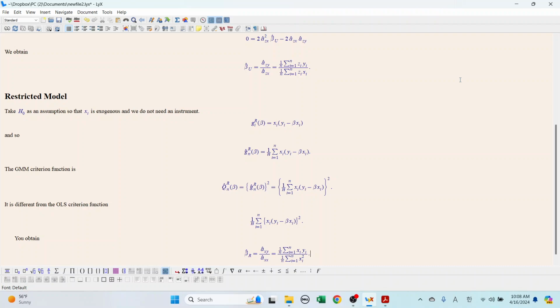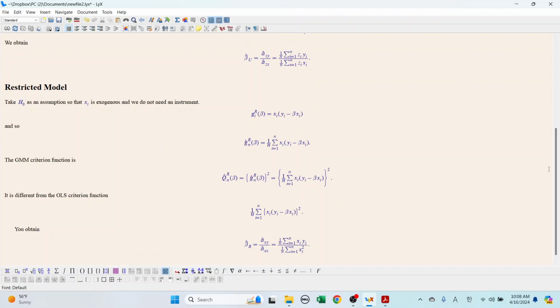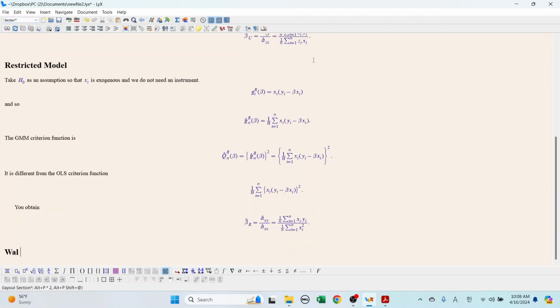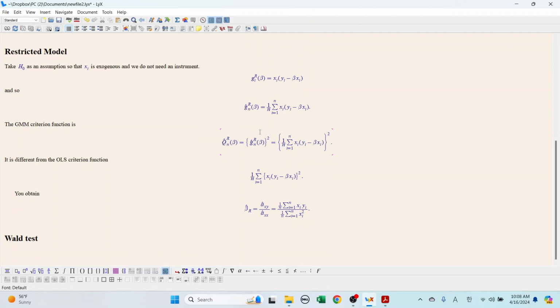Now then, we just did C and D, and now let's think about the Wald test. For the Wald test, we are testing the null hypothesis, which is about z x_i, right? Like we would like to test it.